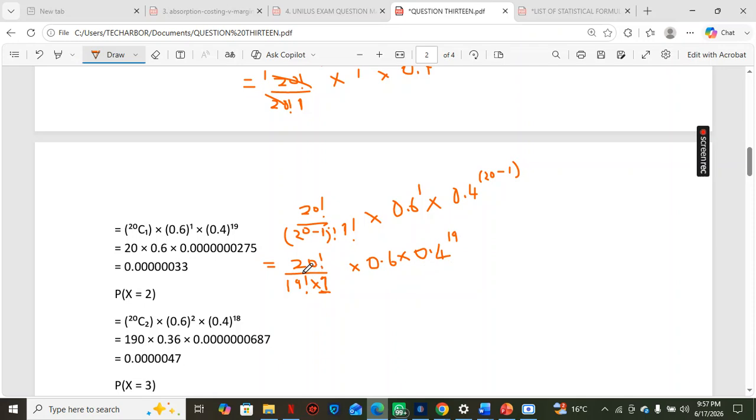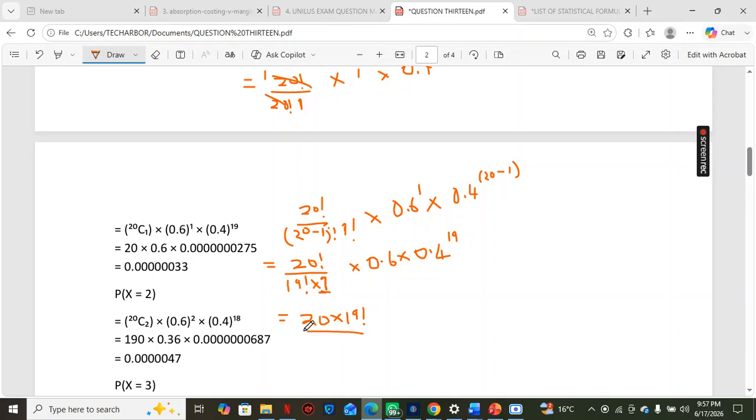So if you don't have a calculator, you can just do it like this. You say 20 factorial. Remember, it's the numbers counting down from 20. This is one shortcut you can use: you end on 19 factorial. 20 times 19 factorial. Why?